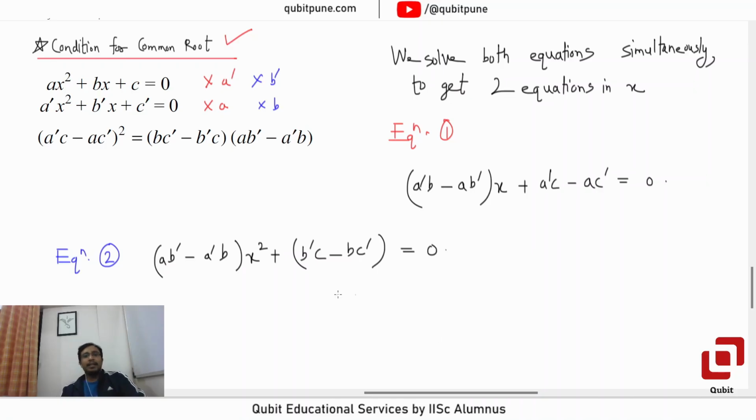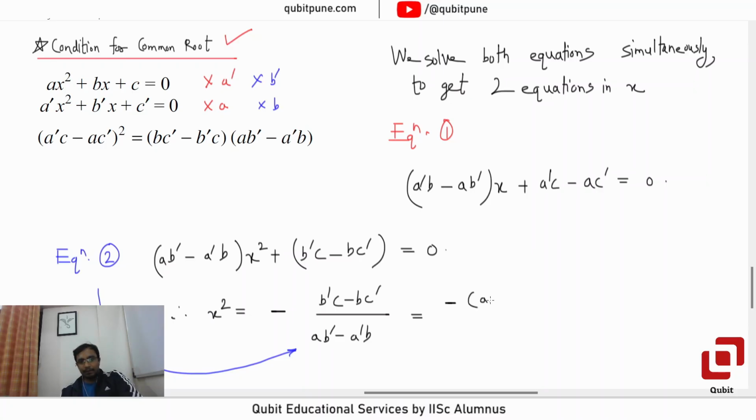Okay, and then for this common part we can say that x squared's value here is actually negative of (b prime c minus bc prime) upon (ab prime minus a prime b) from second equation, no? And the value of x squared from the first equation will be how much?